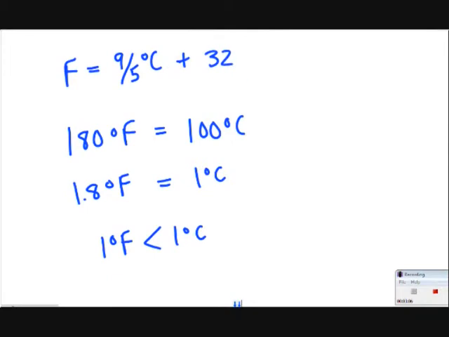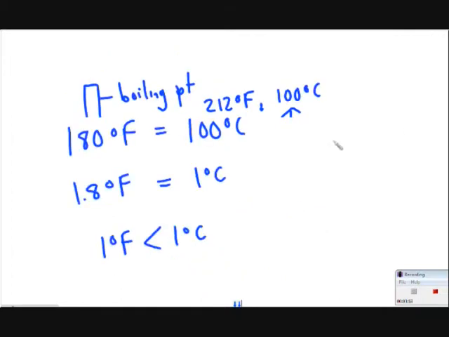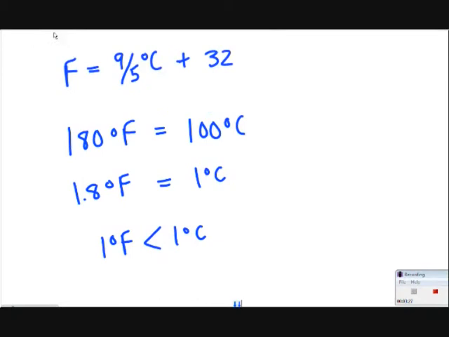The reason why we add 32 is that Fahrenheit is starting at 32 degrees, whereas Celsius starts off at 0. So to compensate for the difference in starting points at the freezing point of water, we have to multiply by 9/5 and then add 32. So let's take a look at this formula here. Let's show you how we can use this.